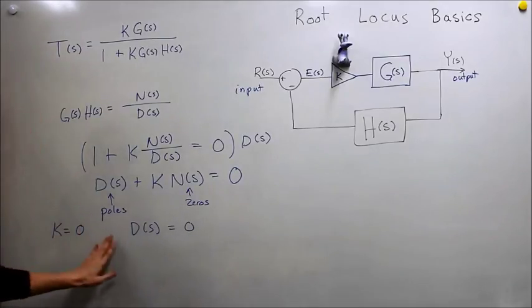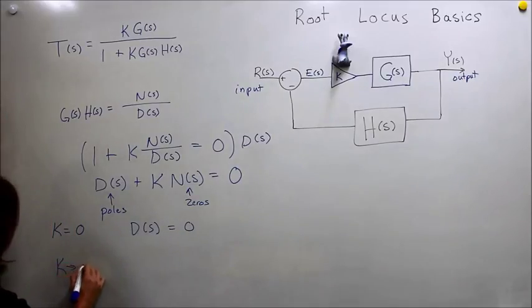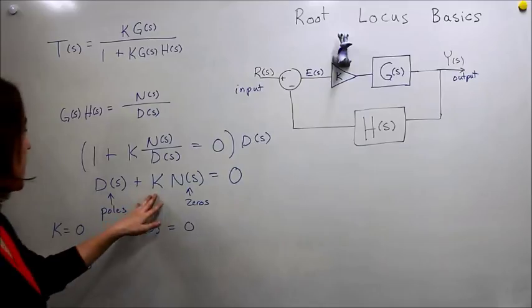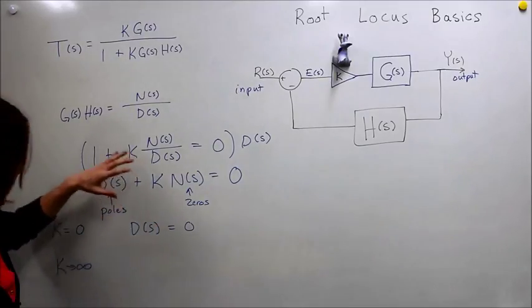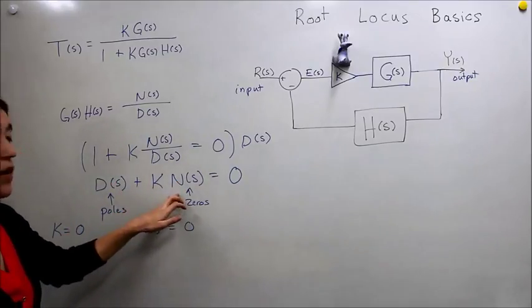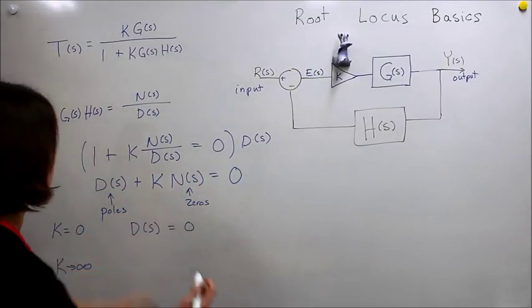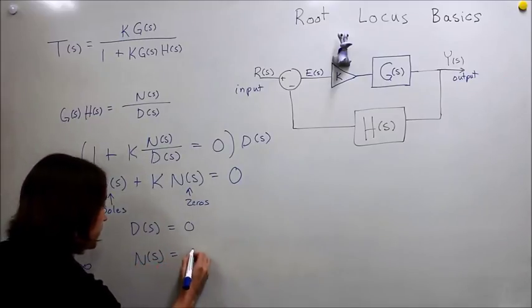Then, let's take the other extreme. If k goes to infinity, the other terms are essentially going to be completely ignored, and k dominates, and all we have is N of s equal to 0.